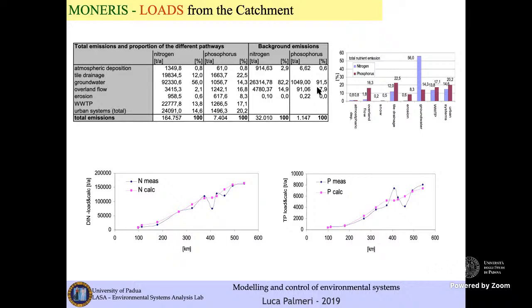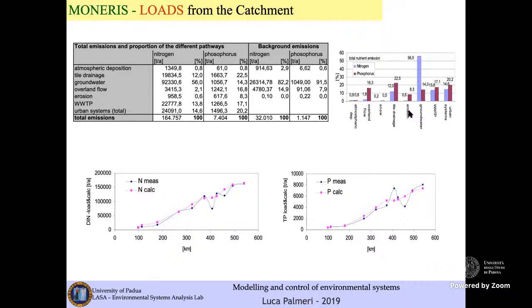The other important information that you may gather from the report is the subdivision along the different pathways. For example, you immediately notice that for nitrogen loads, the groundwater pathway contribution is the largest one. And for phosphorus, the wastewater treatment plants of the urban systems, the tile drainage, and the overland flows are the most significant contributing pathways.